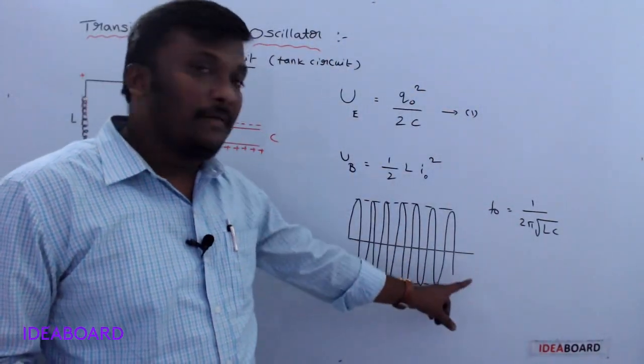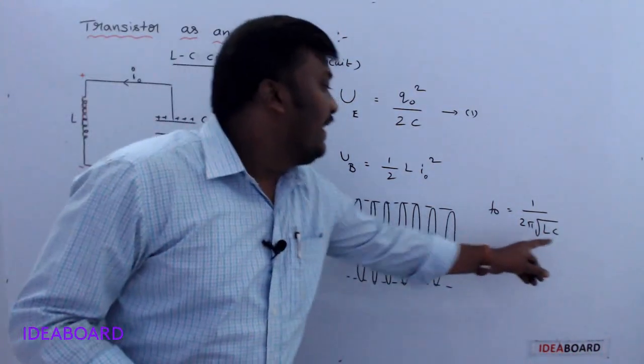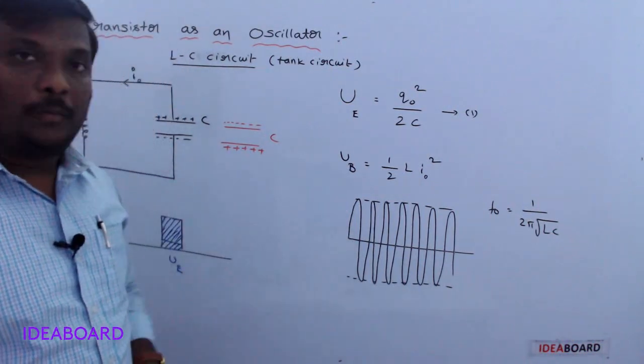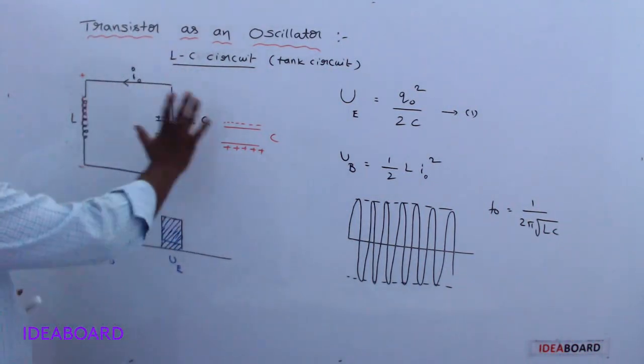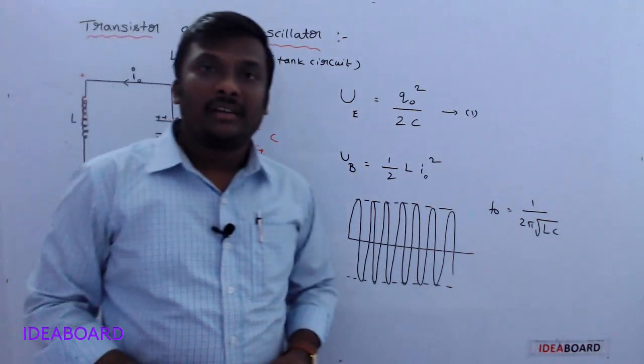Okay, it has a constant frequency. Here L is the inductance and C is the capacitance. Clear now? So this output comes due to the charging and discharging of the capacitor. Is it clear or not?